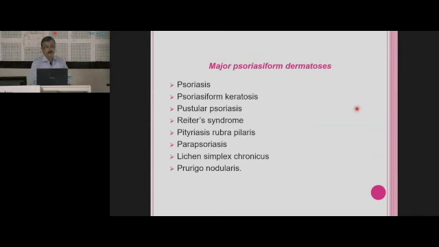There are various types of conditions which are grouped under major psoriasiform dermatosis. These are psoriasis, which is a prototype of this group, then psoriasiform keratosis, pustular psoriasis, Reiter's syndrome, pityriasis rubra pilaris, parapsoriasis, lichen simplex chronicus, and prurigo nodularis, which has a different histology somehow, but they have epidermal hyperplasia, which groups this condition in a psoriasiform dermatosis.